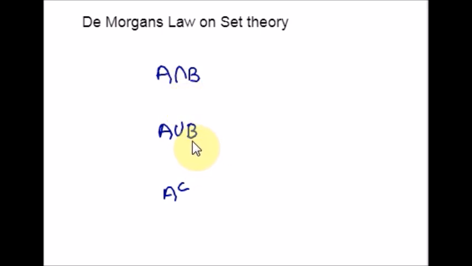The union of the sets A and B consists of all the elements that are in either A or B. It includes the elements in both the sets. The union is denoted by this symbol, A union B. Third operation is complement. The complement of the set A consists of all the elements that are not elements of the set A. This complement is denoted by a C-like symbol, which is written just right above the set name.